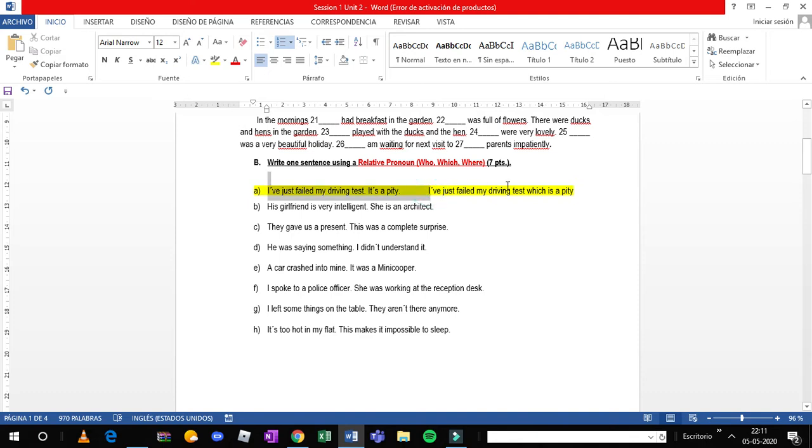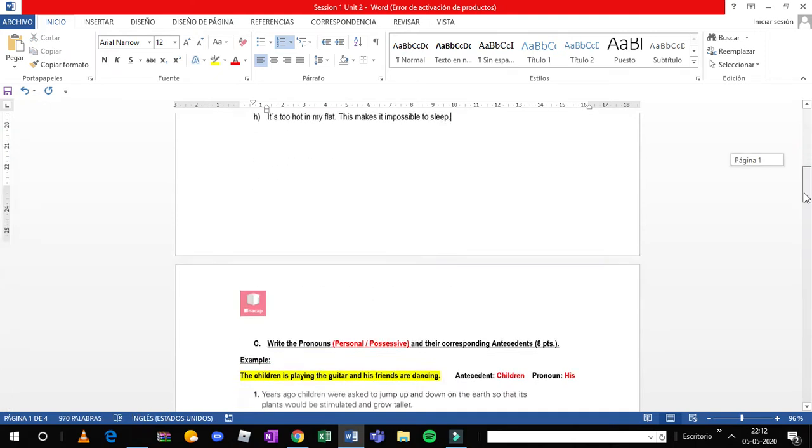Notice that I didn't write any period here. I've just failed my driving test, which is a pity. Acabo de fallar mi examen de manejo, ¿cierto? Lo cual es una pena. So you have to do the same here, including one of these relative pronouns. Remember that you can omit some words if it's necessary.